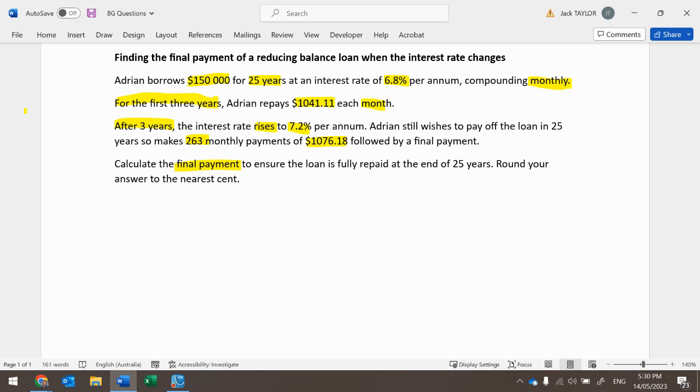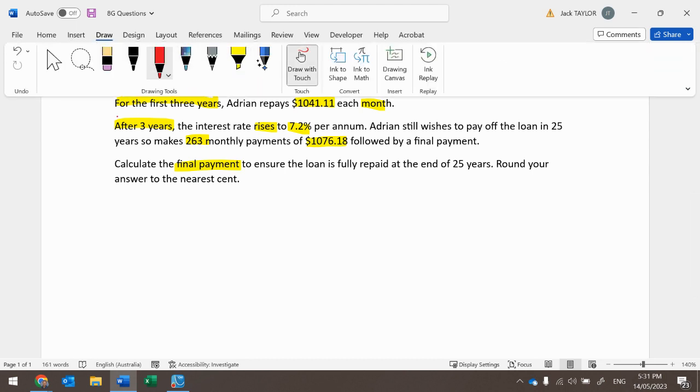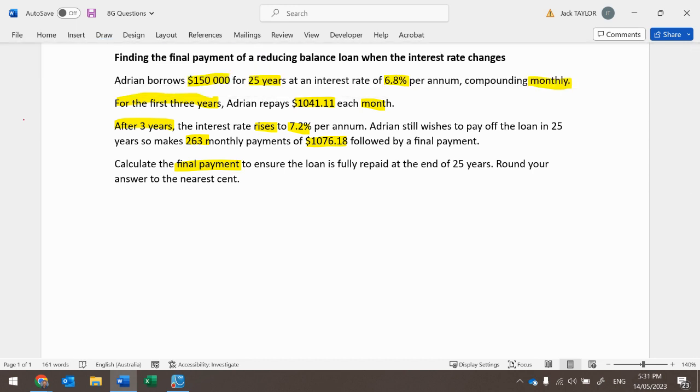All right, so this combines changing conditions with final payment. So it's a good question, this one. I'm going to first set up the initial information and figure out when that first change occurs.